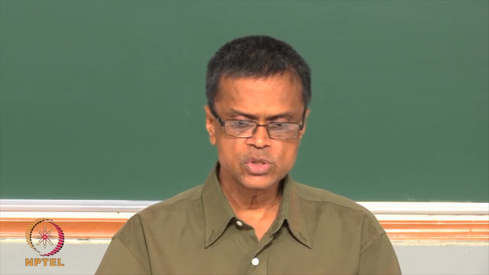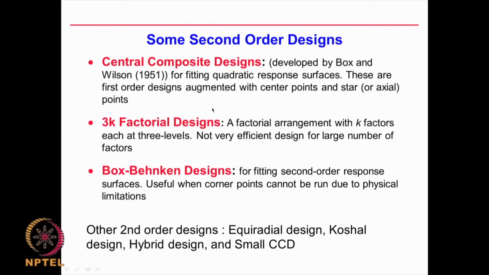Okay. So, central composite designs, developed by Box and Wilson. These are first order designs augmented with center points and star points. So, the center point is right in the middle and the star points are outside.